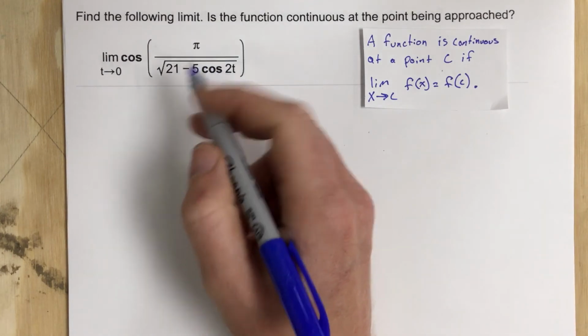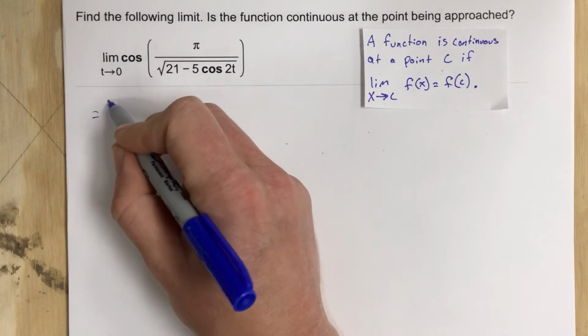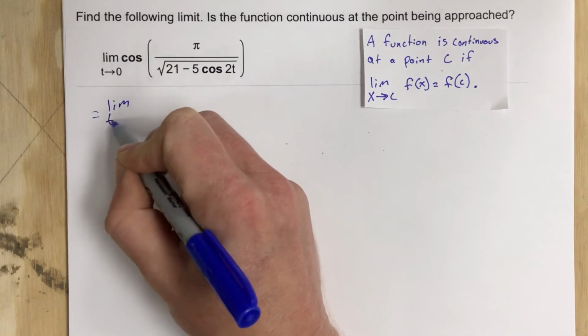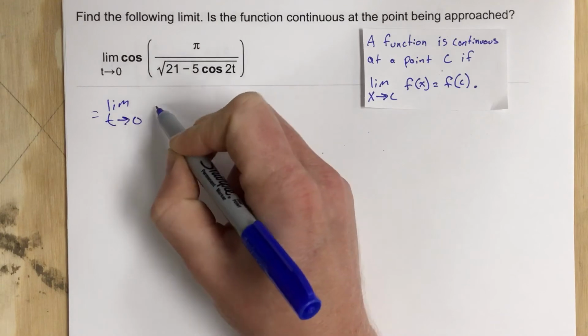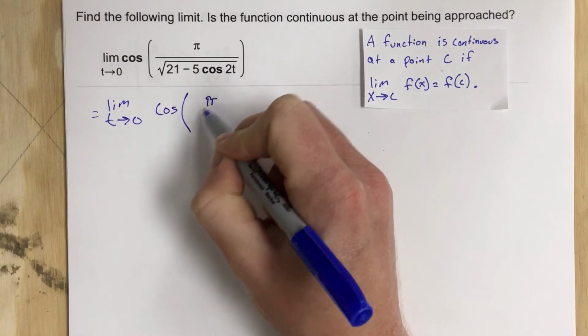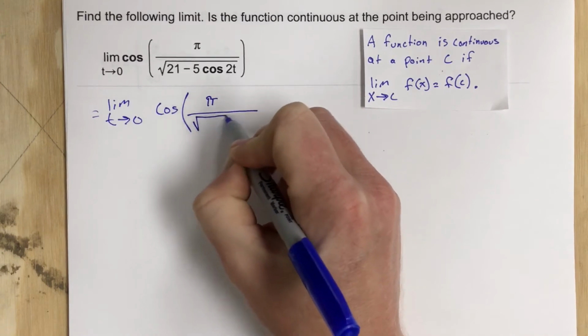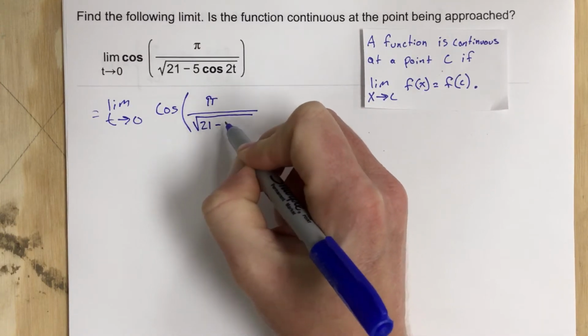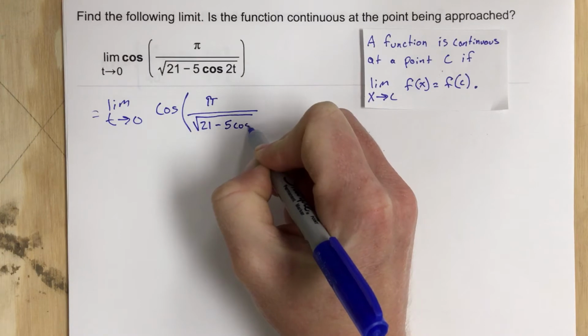Let's plug 0 in, and when we do that we end up with the limit as t approaches 0 of cosine pi over root 21 minus 5 cosine.